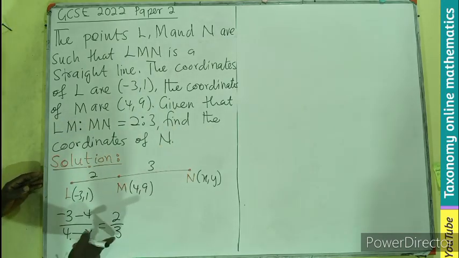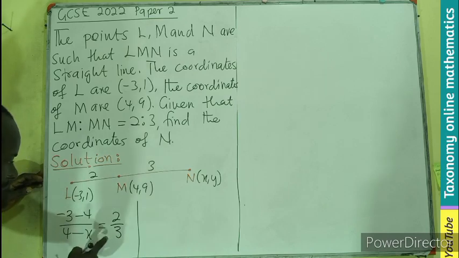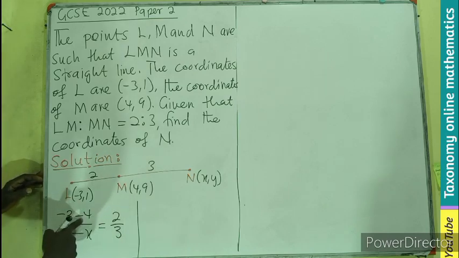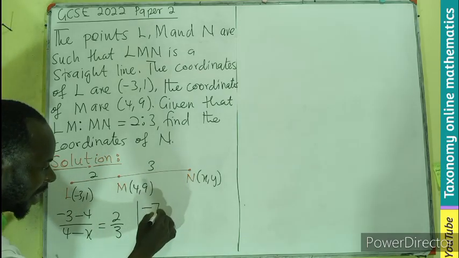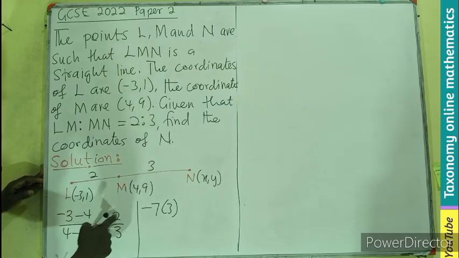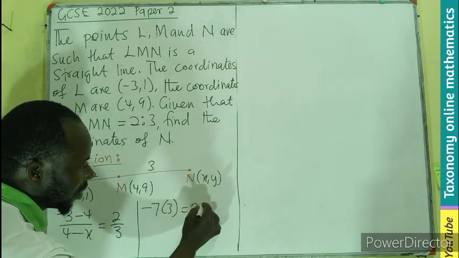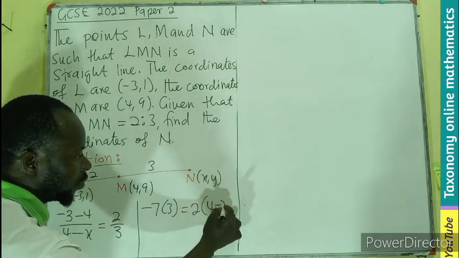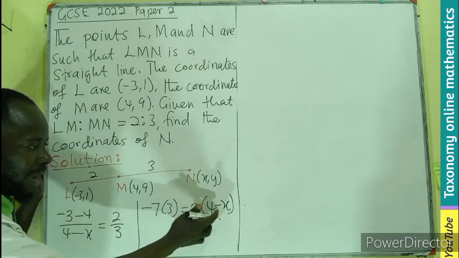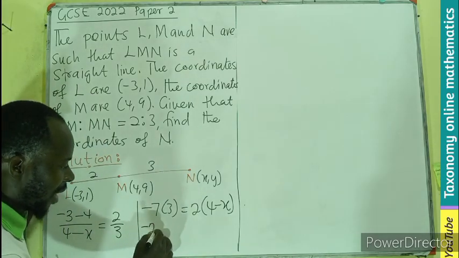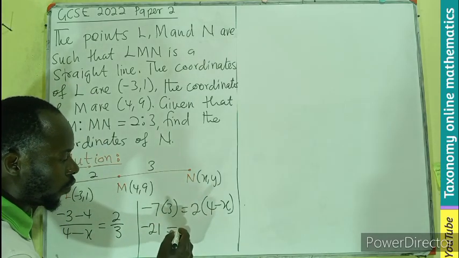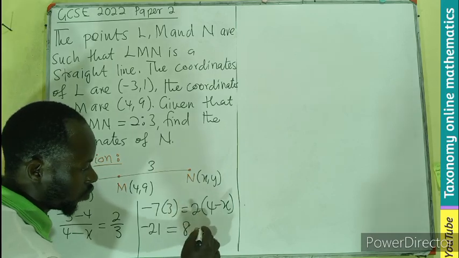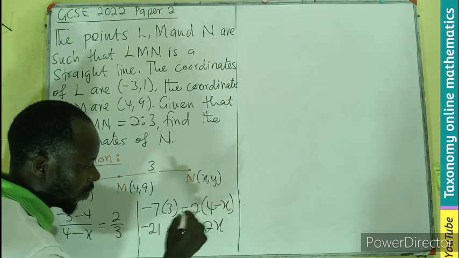Then we cross multiply: 7 times 3 equals 2 times (x minus 4), so 21 equals 2x minus 8.